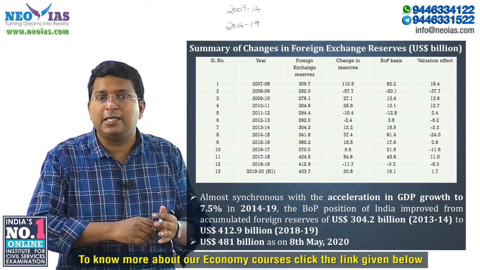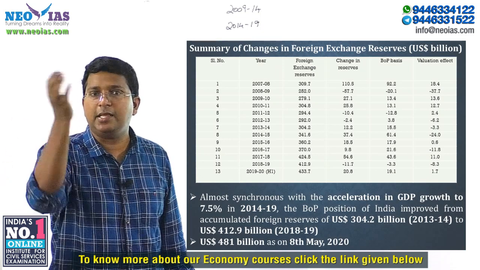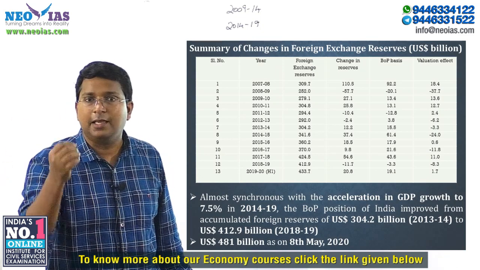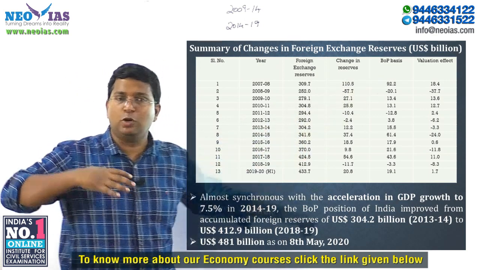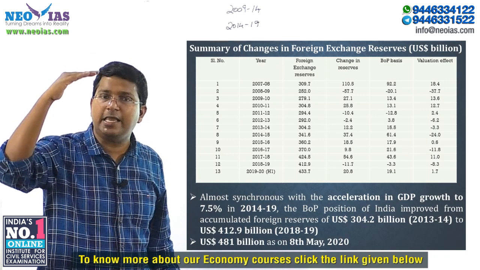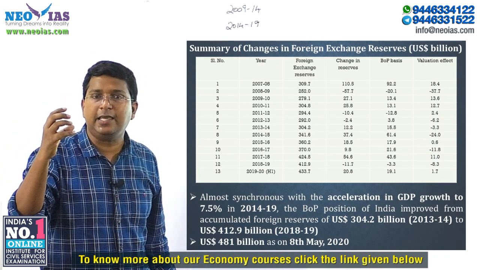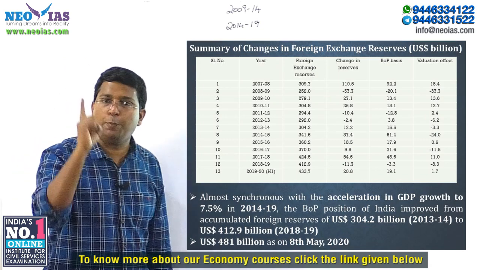If the BOP increases, foreign exchange reserve increases. If the BOP decreases, forex reserve decreases. That is what is called BOP basis. So movement of BOP, balance of payment, increase or decrease in the balance of payment results in increase or decrease in the foreign exchange reserve. So one factor is BOP.